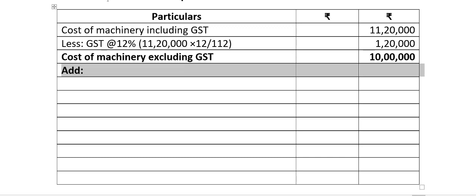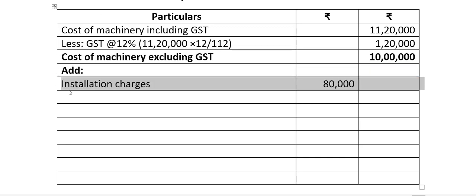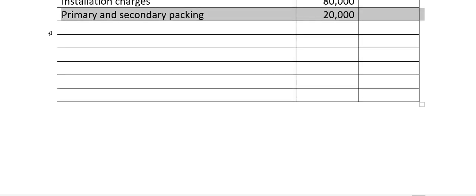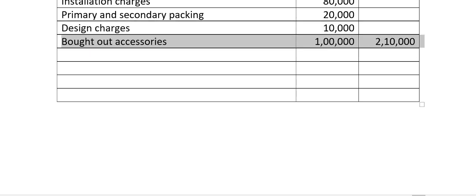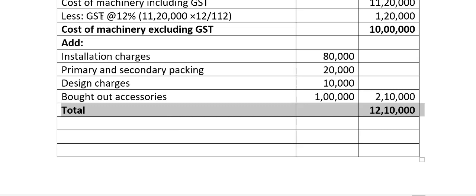On this we will have to add the inclusions which are not being added yet. Installation charges 80,000. Primary and secondary packing charges 20,000. Design charges 10,000. Bought out accessories 1 lakh. So 80, 20, 10. 1 lakh 10 plus 1 lakh, 2 lakh 10,000. Then total, this 10 lakh plus 2 lakh 10, 12 lakh 10,000 subtotal.